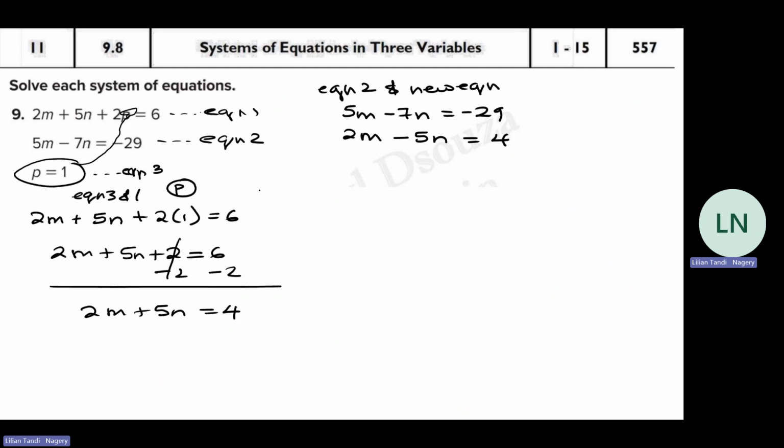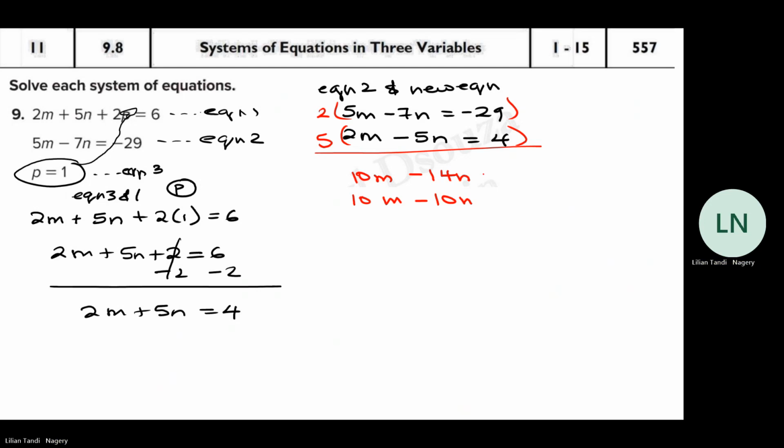So here you can eliminate whoever you want. I'm choosing to eliminate m. So this will be 2 and this will be 5. So you're going to have 10m minus 14n, minus 10n equals 58, but negative.